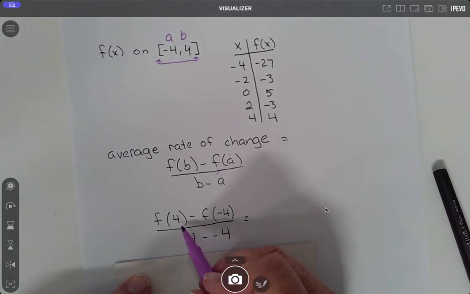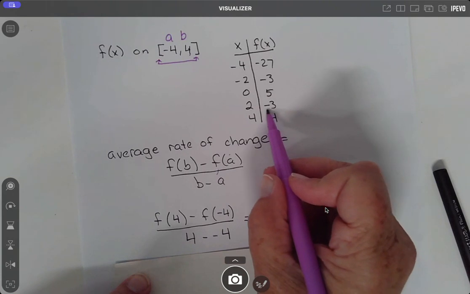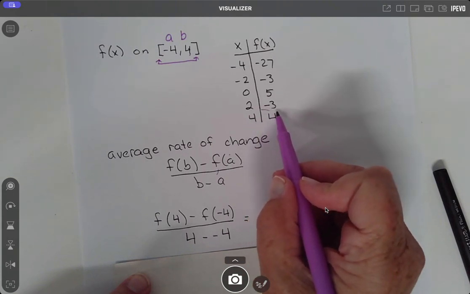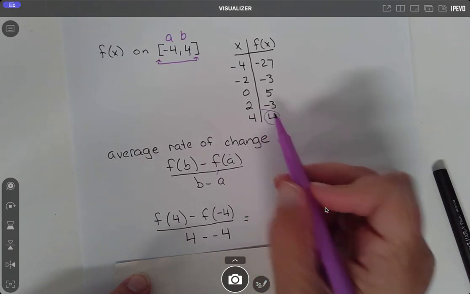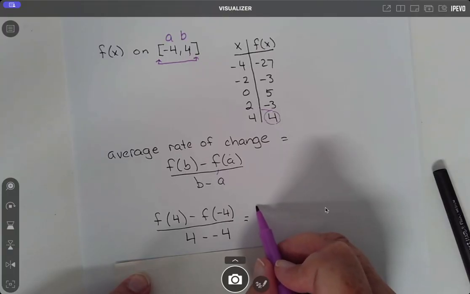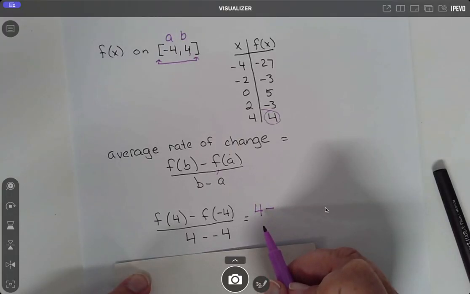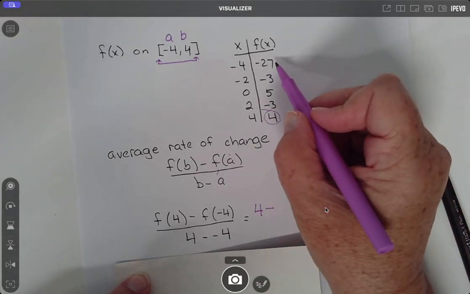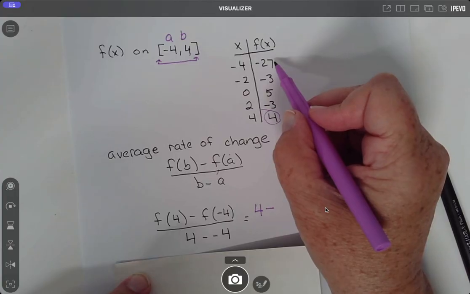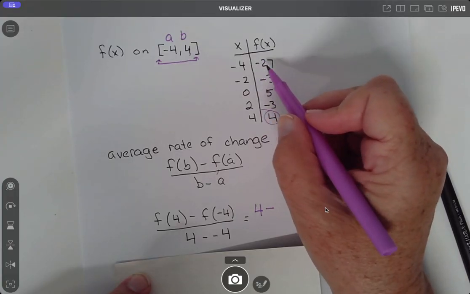So now to find f of 4, it was so nice of them to do that for me. It's right here. If x is 4, f of 4 is 4. So f of 4 equals 4. There are way too many 4s in this problem, by the way. F of negative 4 equals negative 27.